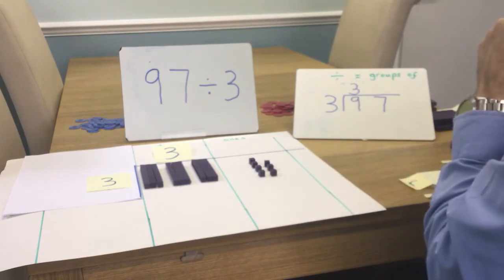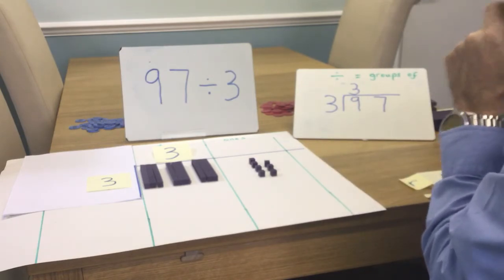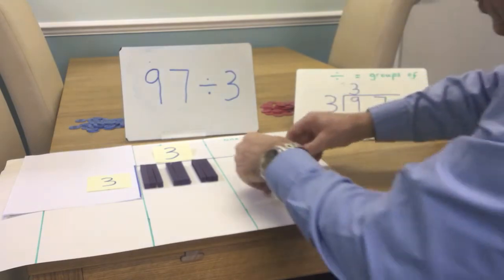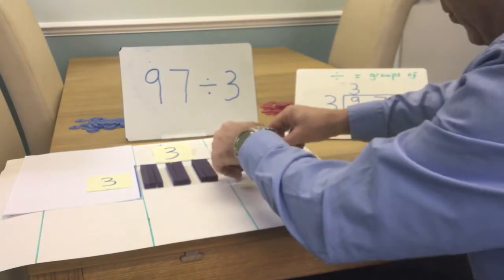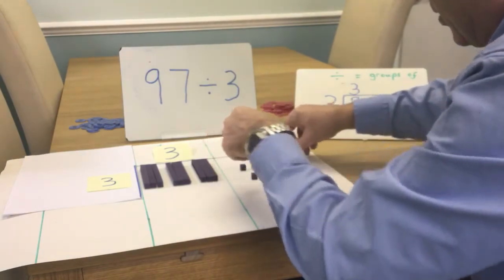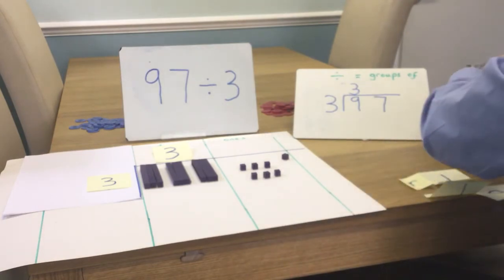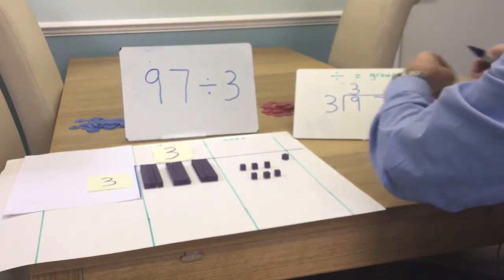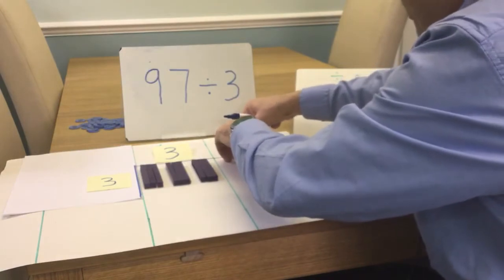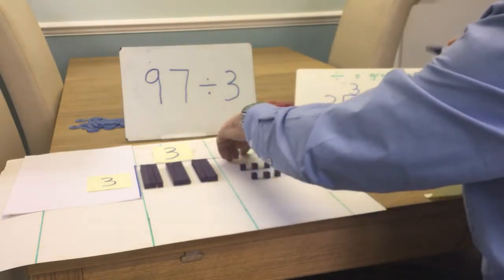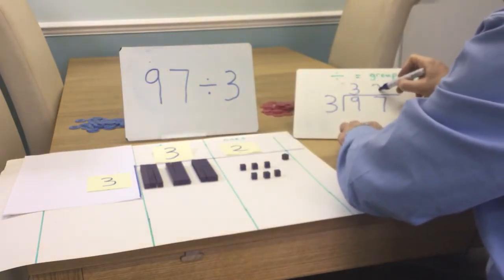Okay, second question. How many groups of 3 ones can we make from 7 ones? That's pretty straightforward. We can make 2 groups. Let's quickly pop a 2 down there. Pop it up here.